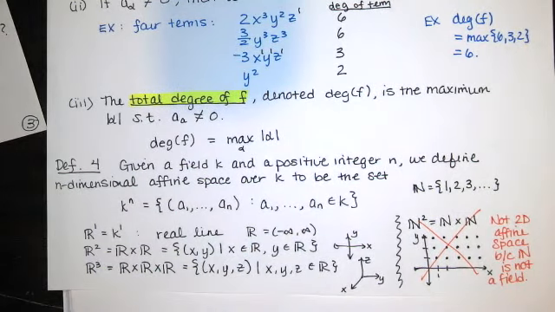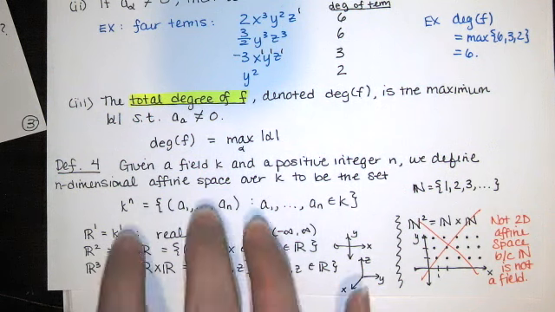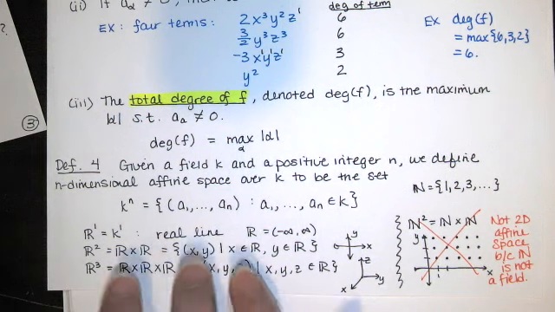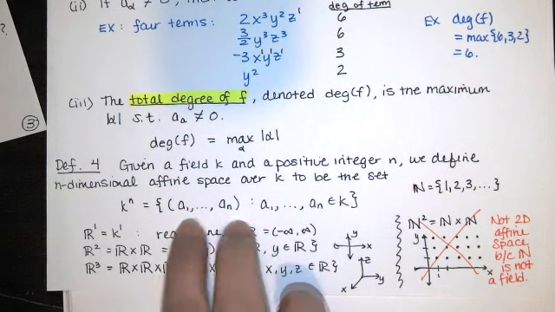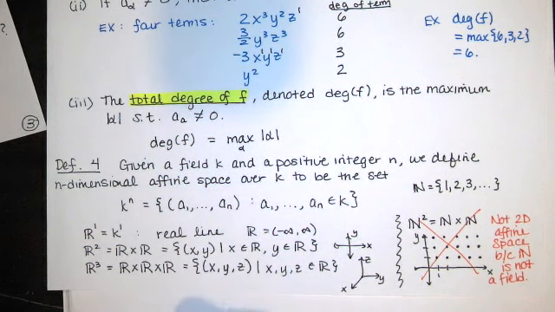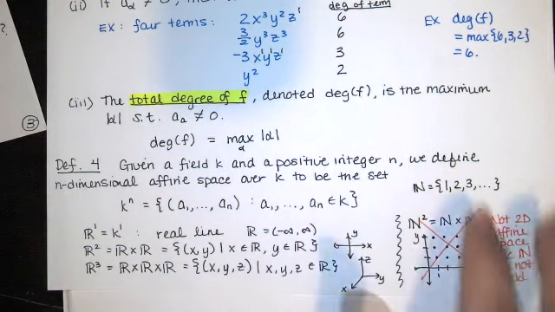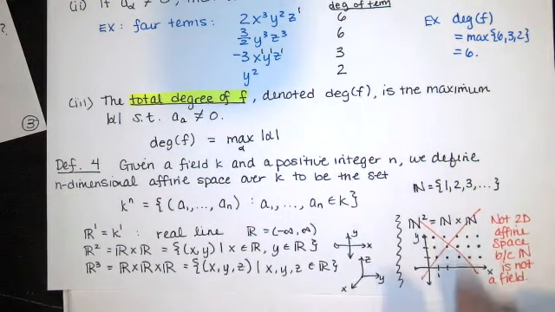But the reals are a field. The complex numbers form a field. The rational numbers form a field. So we can come up with n-dimensional affine space for any one of those. And basically it's just n tuples where the elements of those n tuples come from that field. So this would work if N was a field, but N is not a field.